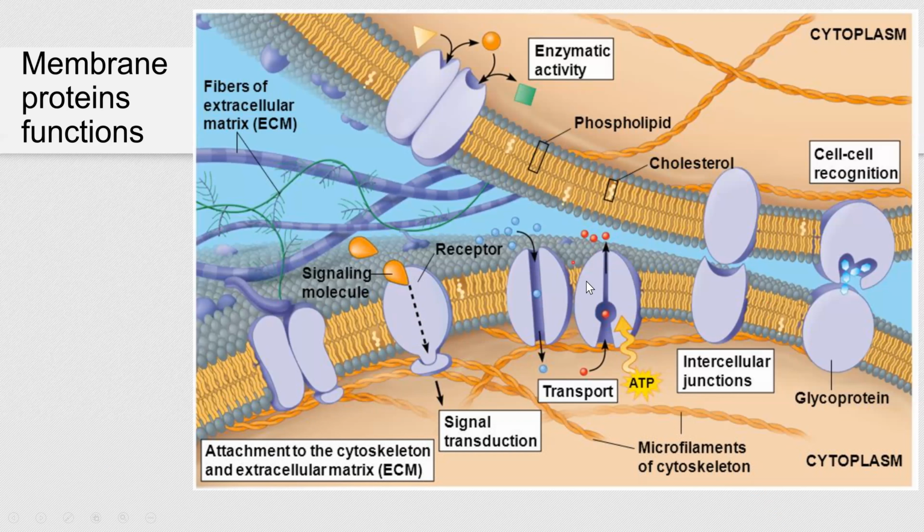Another function is transport. Some molecules can diffuse across a cell membrane. Those are small non-polar molecules, and some water molecules; even though water is considered a polar molecule, some water molecules can diffuse through.